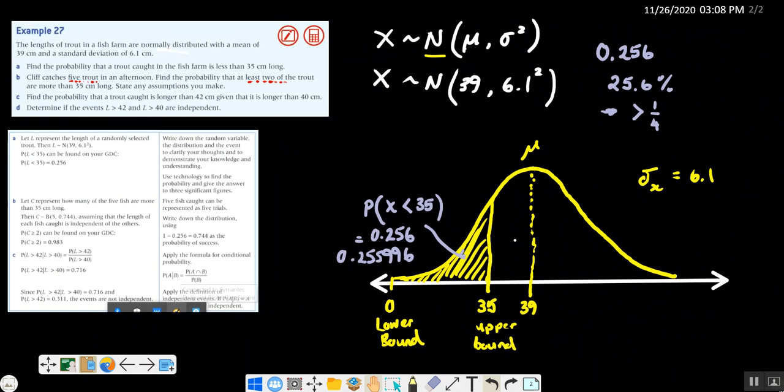What's this one, part A? Probability of less than. What's above it? Probability of more than.